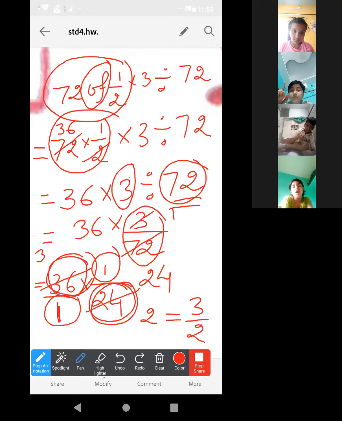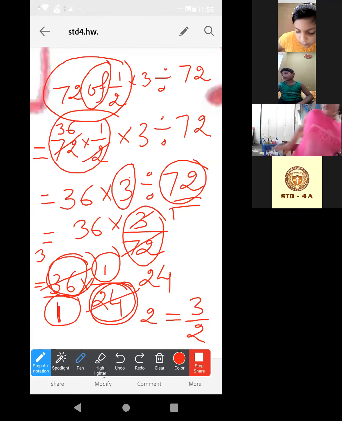Have you understood? There is injury in your knee. Okay, no issue. Then which one is comfortable for you? You can see it. Shirin, yes.